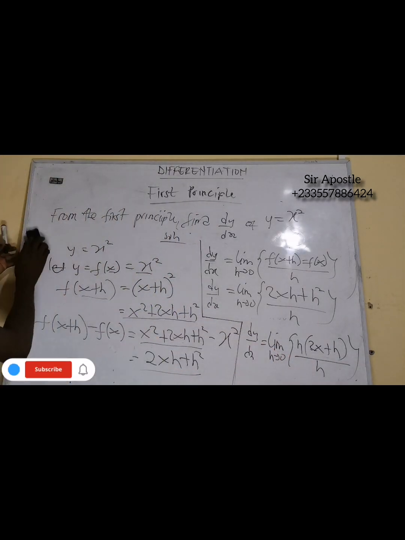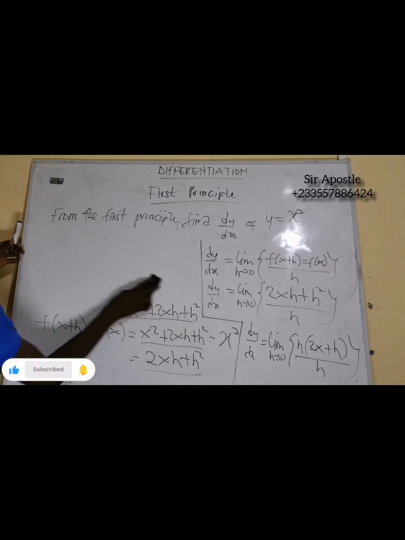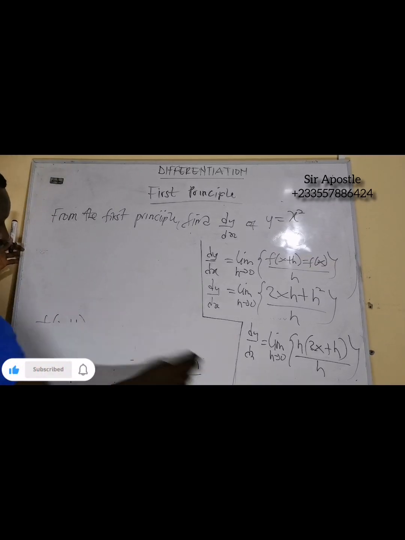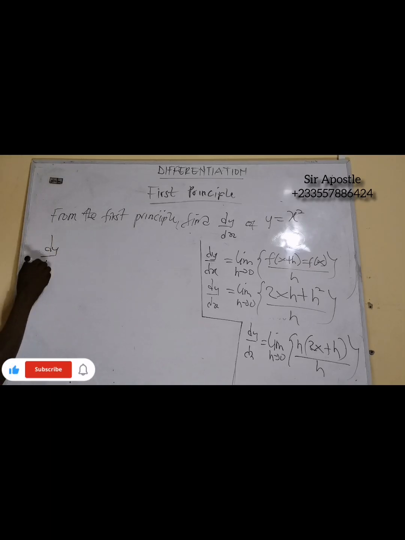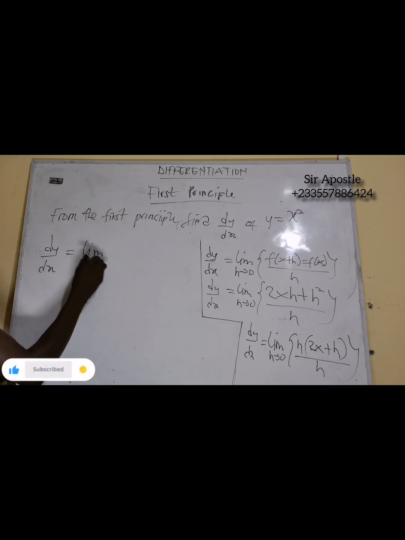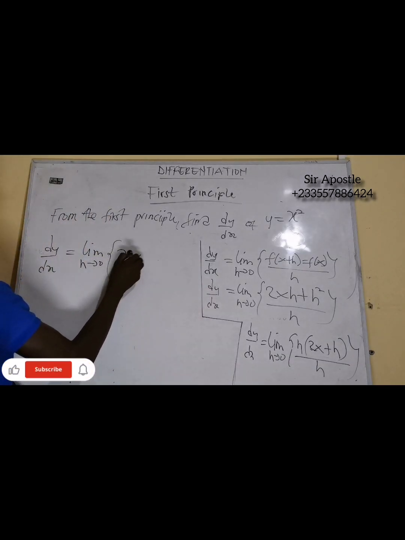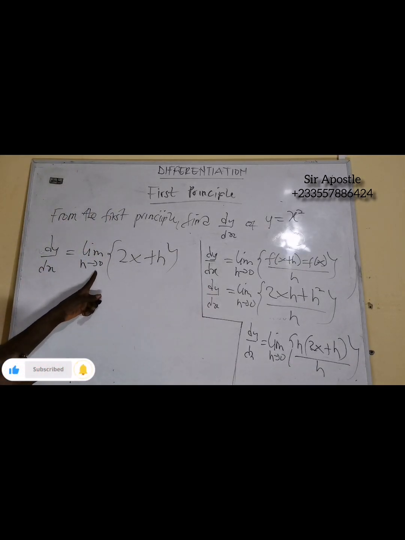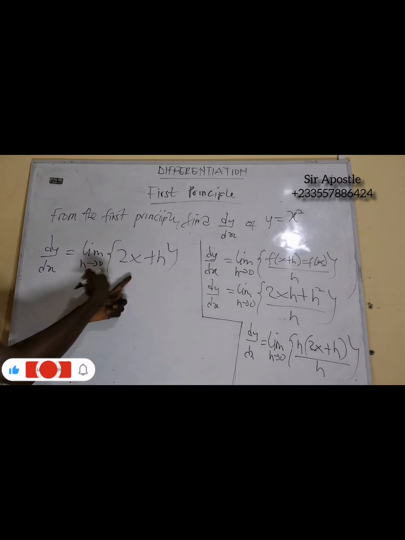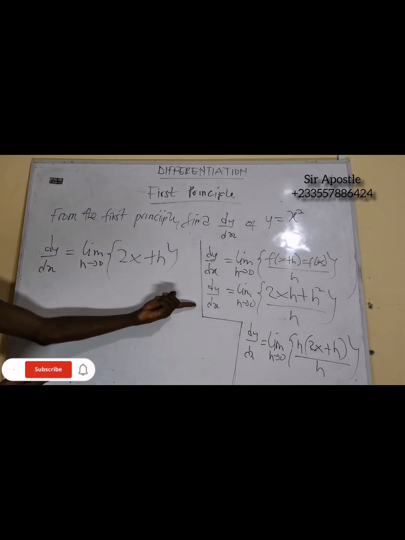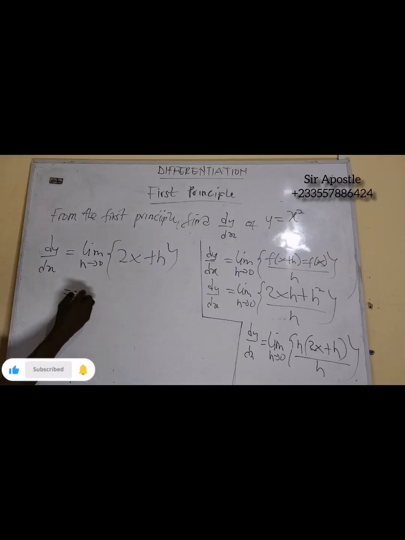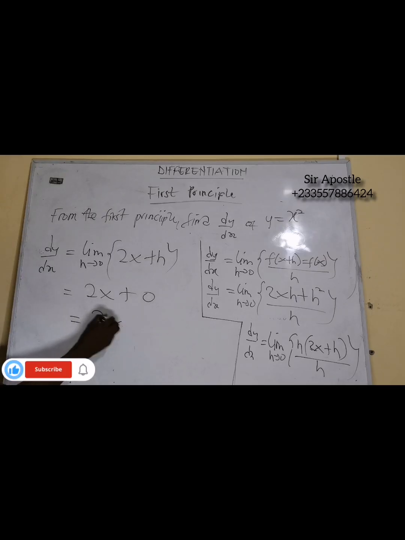So dy over dx is equal to the limit as h approaches 0 of 2x plus h. Now this is a polynomial function, not a rational function, so we can do direct substitution. When h is approaching 0, h is 0, so the whole thing gives us 2x, which means our dy/dx is equal to 2x.